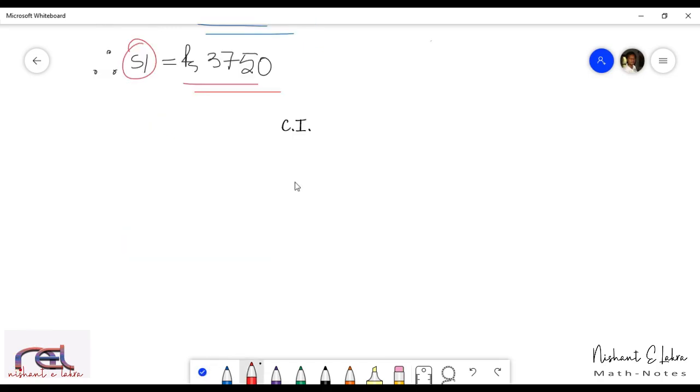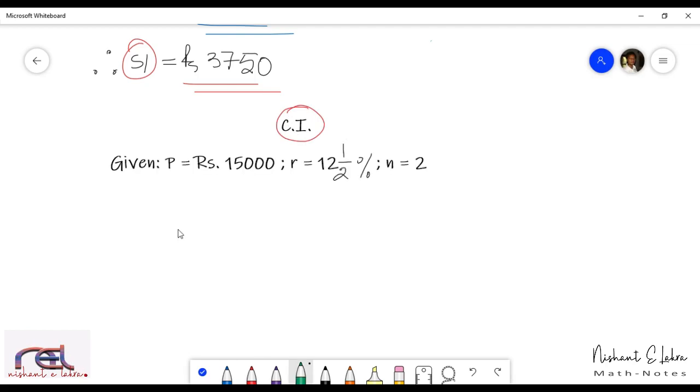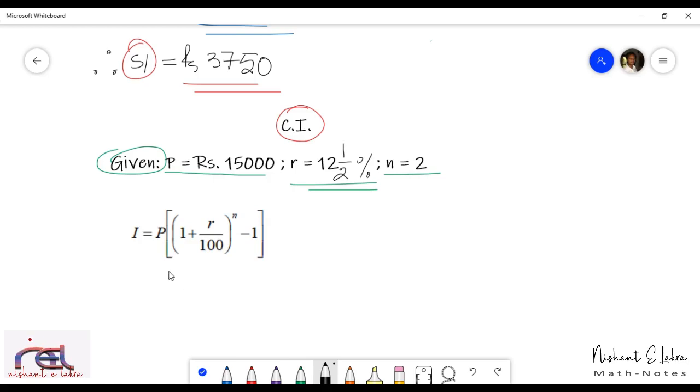And what is the formula of compound interest? You remember, I hope you remember. Principal is given, that is 15,000 rupees. Rate is given, 12.5%, that will be converted to 25 by 2%, and n is 2. So this is the formula that we'll be using to find compound interest.